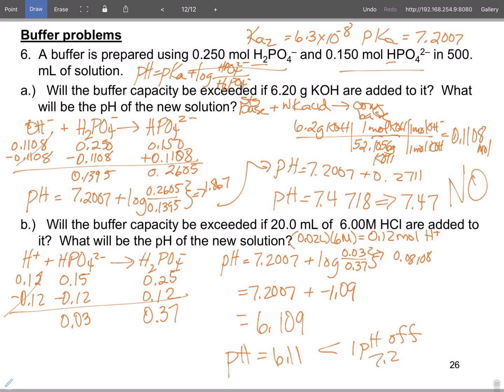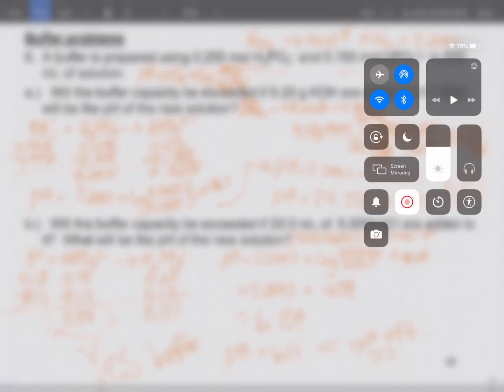So at 6.2 you'd be okay, but you're not. So yes, we killed the buffer. And this is why if you're killing the buffer, it's really easy just to go ahead and drop 1 to 0. Then you know you're absolutely done. So we are just below the buffer zone on this one, so you can consider it dead. So we've completed the calculations in this section.